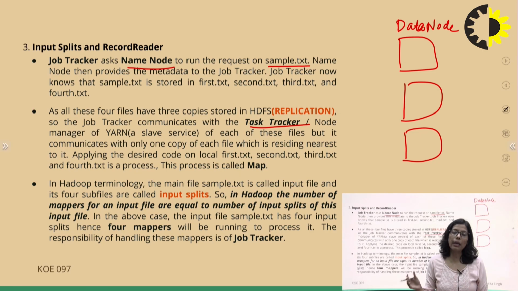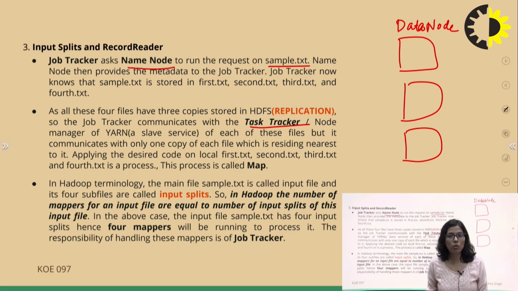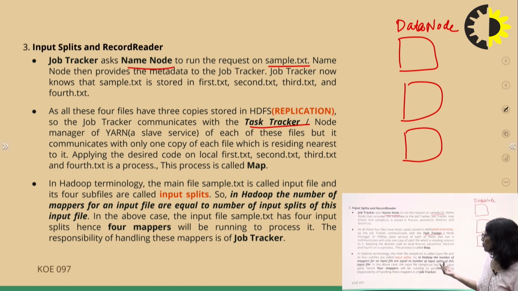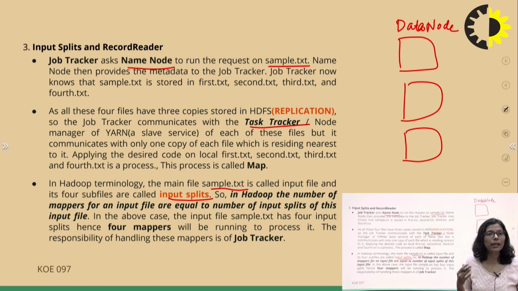If it is active, I will establish the connection with it. That is your first work: out of the 3 nodes which have the same copies of the data, I will connect with only one. After that, we can say sample.txt is converted into input splits, that is, we are dividing the data and converting it into input splits.